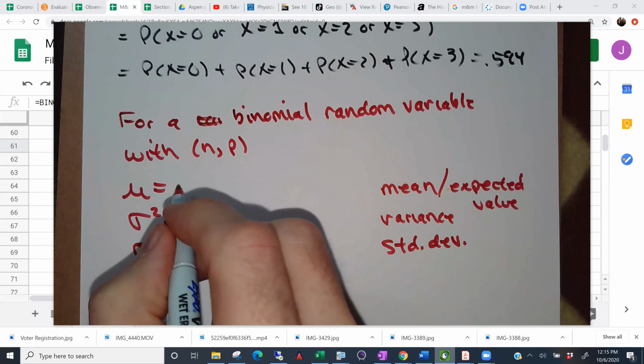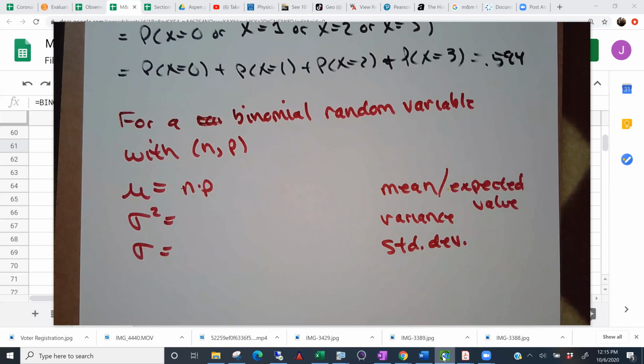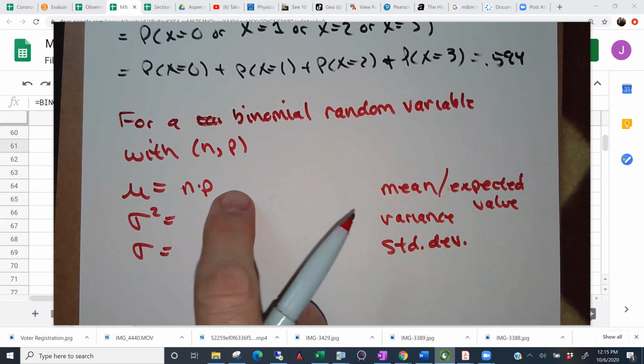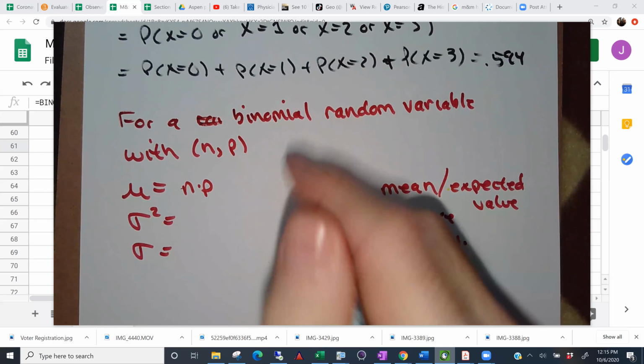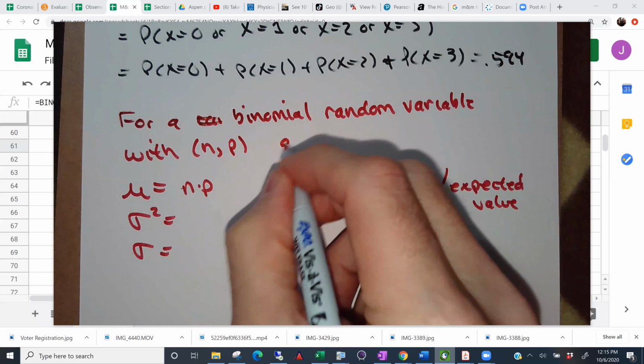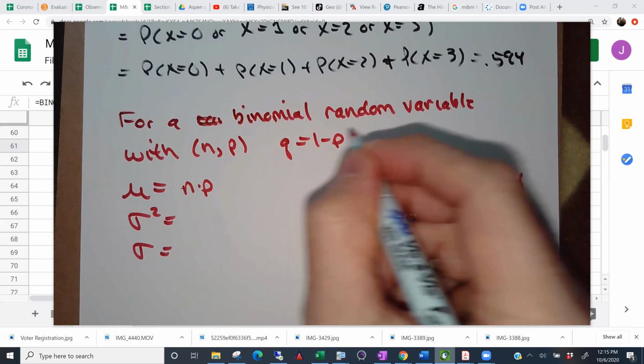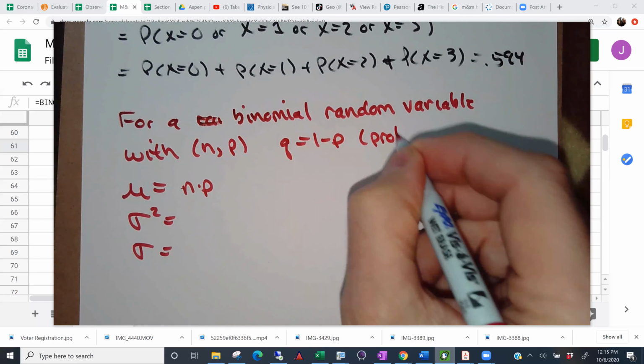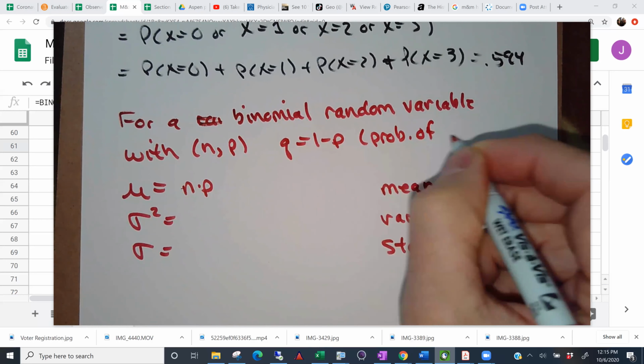So mu is going to be n times p. Wow, that's just so cool. It's just so nice. And now let me take note for you that if p is a probability of success, q equals 1 minus p. It's a probability of failure.